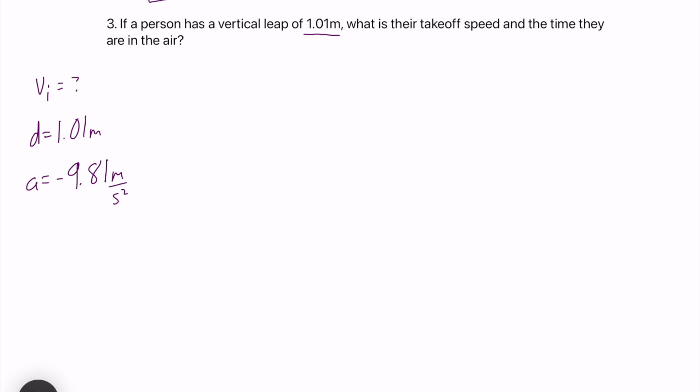Okay, and also we can assume that our final velocity is going to be 0 meters per second, as the person will end up stopping. Okay. So we have a few different variables here. We had to make a few assumptions, but that's okay. Let's go ahead and figure out a formula to use because we are solving for VI initially.